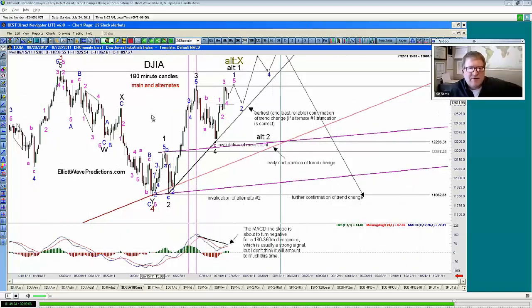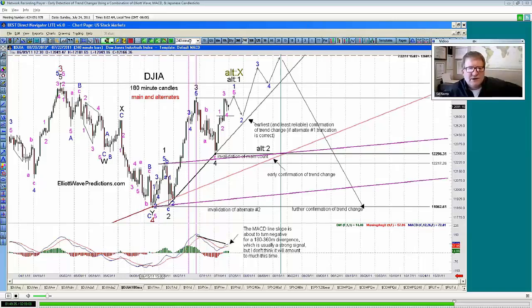So this says 180-minute, and that's not correct. This is on a 240-minute chart. That, I think, is the correct time frame to count on when this divergence is going to be actually in. And according to this, it isn't done yet.